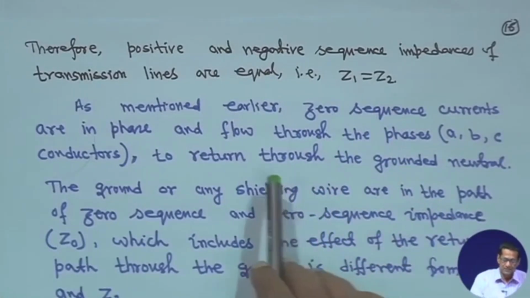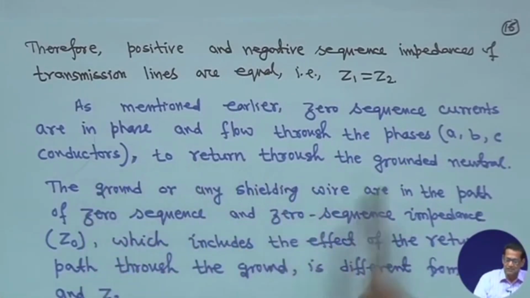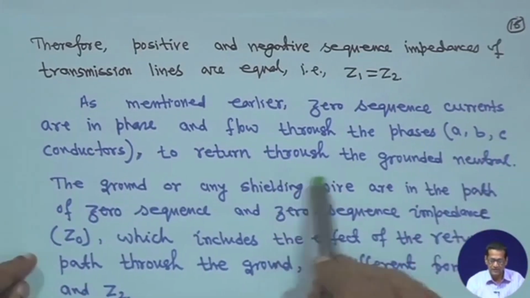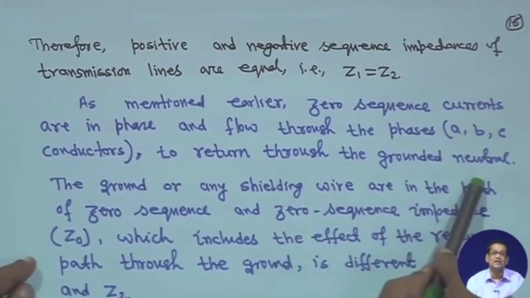But as we have discussed before, zero sequence currents IA0, IB0, IC0 are in phase and flow through the phases, that is the A, B, C conductors, and return through the grounded neutral.